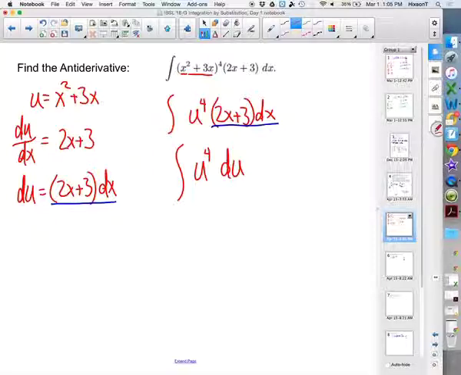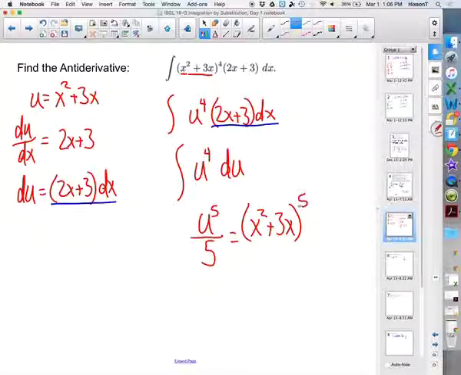And then you substitute back in, right? Well, we integrate first, then substitute back in. So this would be u to the 5th over 5. The du is just there so we could integrate. Then we need to substitute back in the u, which is x squared plus 3x, to the 5th over 5 plus c.